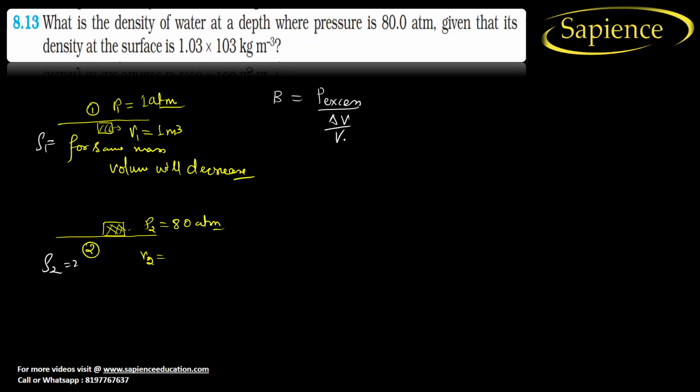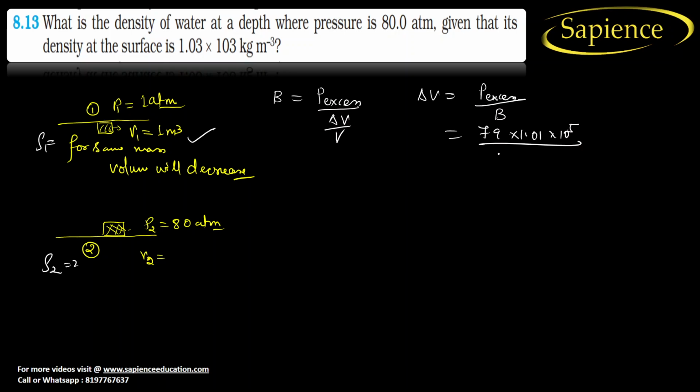So now we have assumed that for case 1, V1 is equal to 1 meter cube. From here we will get the change in volume is equal to P excess divided by the bulk modulus of the water. So what is P excess? P excess is equal to 79 into 1.01 into 10 to the power 5, divided by the bulk modulus.